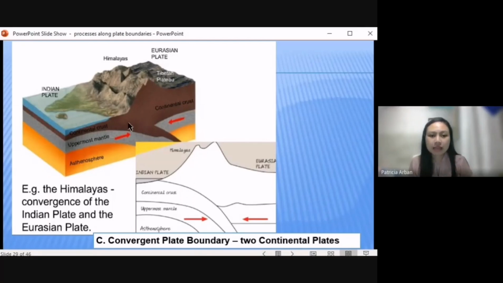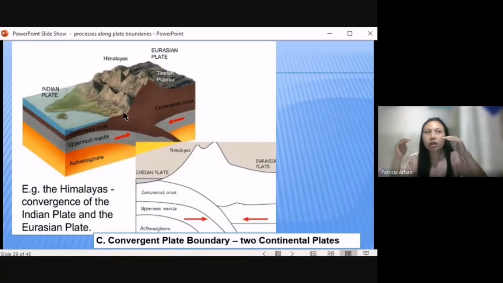Okay. Aside na subduction, katulad nito, or katulad ng dalawang nakita natin kanina, the majority of the plates moved upward. Kasi kapag nagbungguan sila at less dense, the tendency is to move upward.